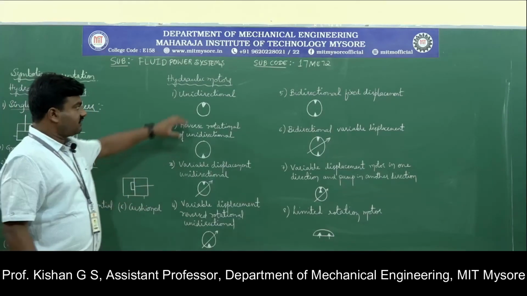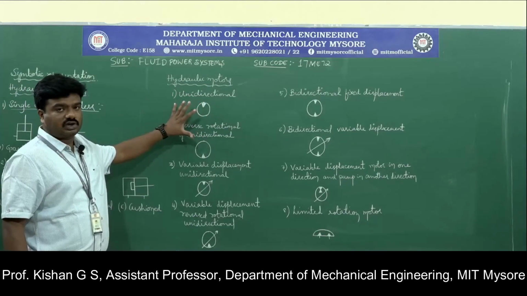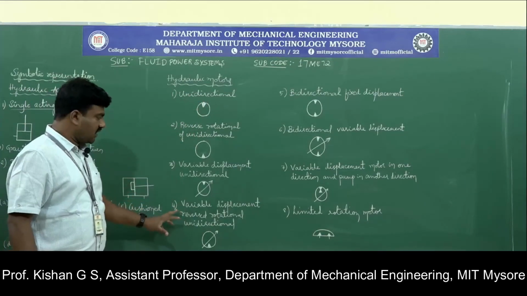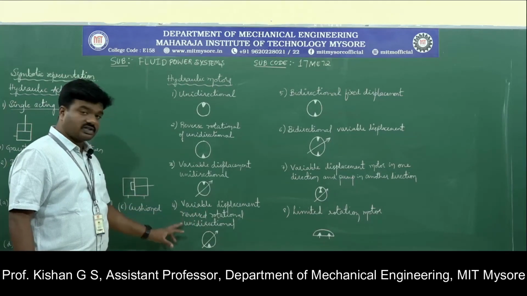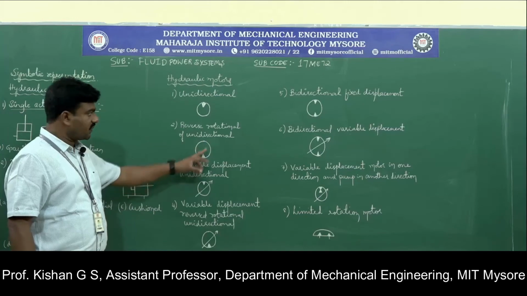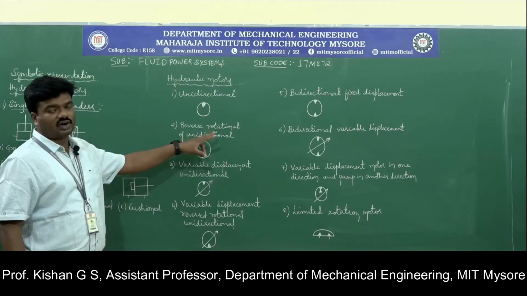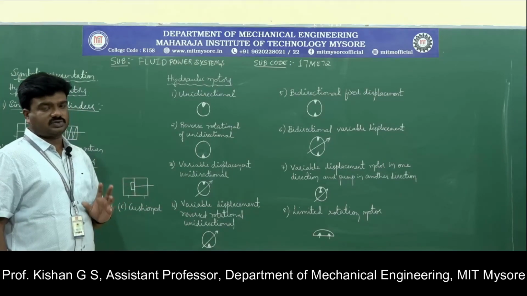That is to say, if we don't have any line, it is a fixed displacement rotary actuator or hydraulic motor. Similarly, for variable displacement reverse rotational unidirectional motor, if we have a cross line with arrowhead, that becomes variable displacement.